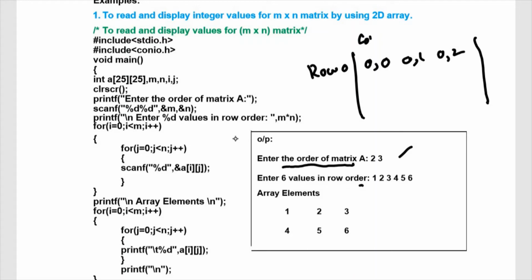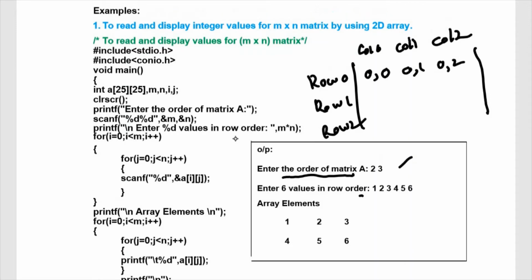This is column number 0. This is column number 1. This is column number 2. This is row 1. This is row 2.